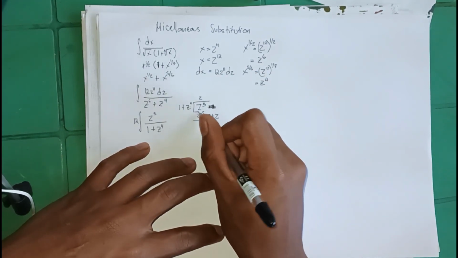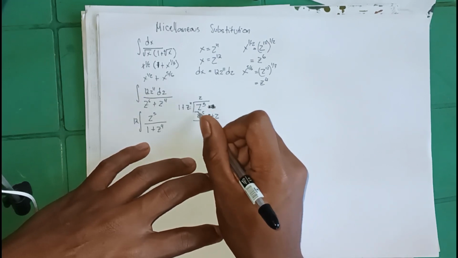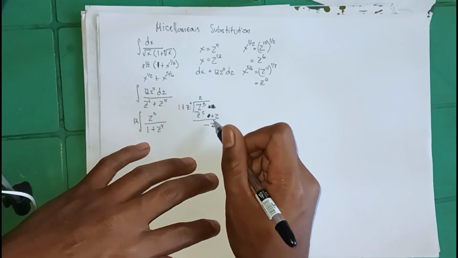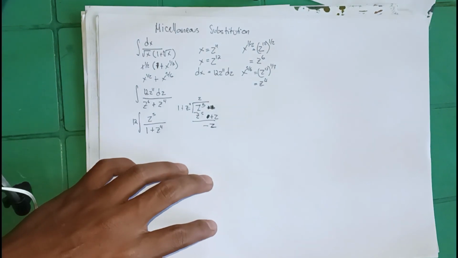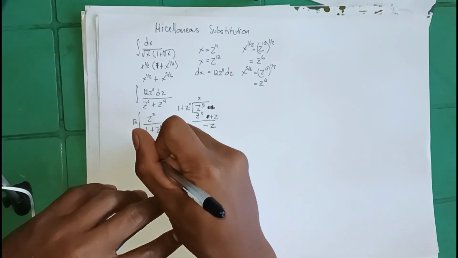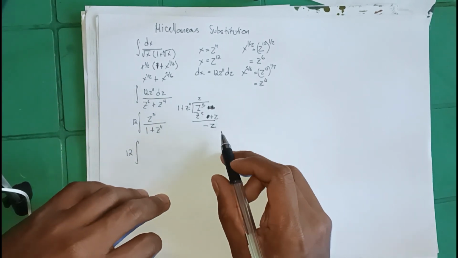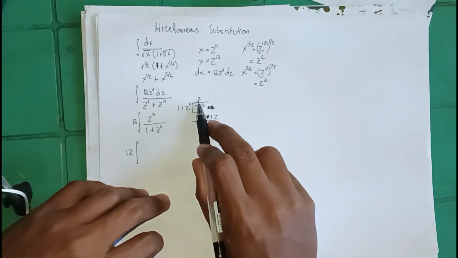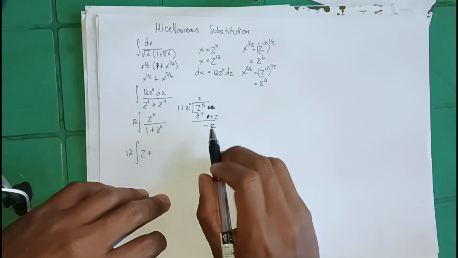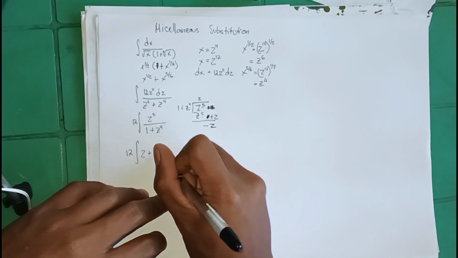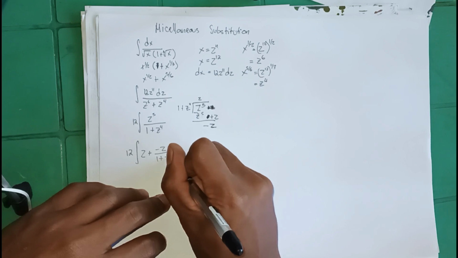So subtract z to the 5 is 0, subtract z, plus minus is equivalent to negative. So we can rewrite our integral as 12 times z plus the remainder, negative z over 1 plus z to the 4.